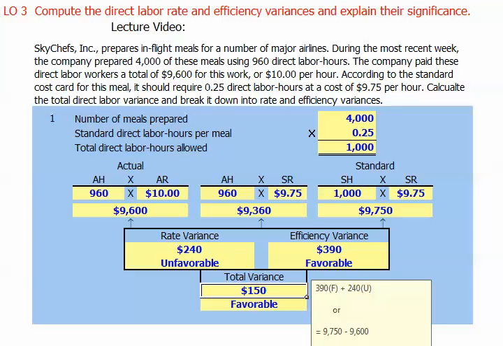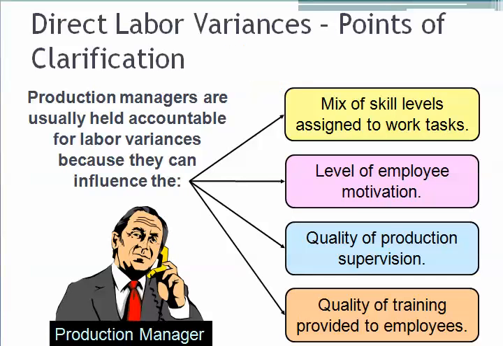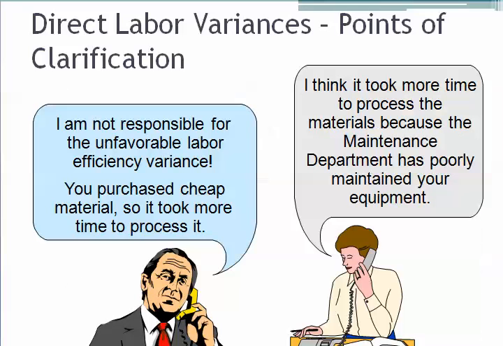Let's go ahead now and talk about how we would interpret our unfavorable rate variance and favorable efficiency variance in this case. Usually our production managers are held accountable for labor variances, and labor variances can occur because we have a different mix of skill levels assigned for the work, level of employee motivation, quality of product supervision, or quality of training that we provide our employees.